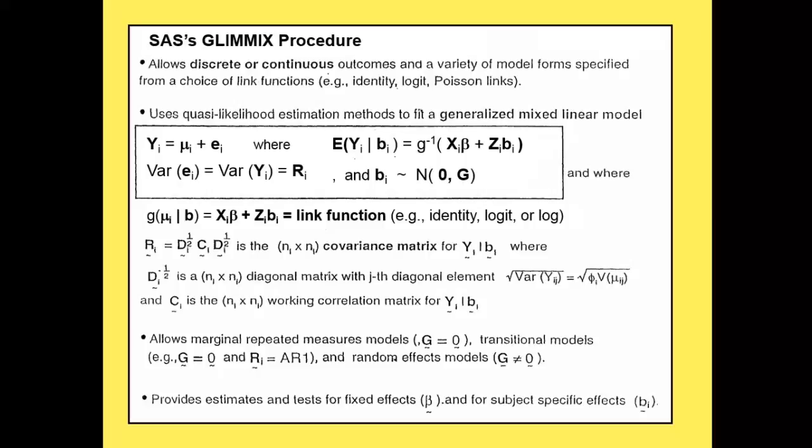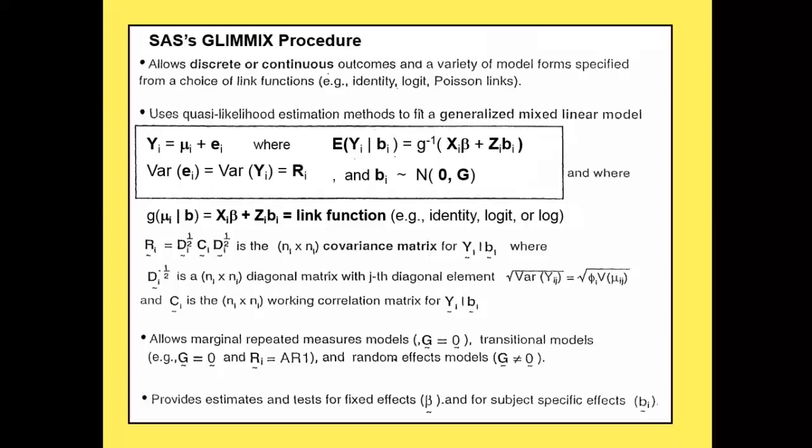In the two random statements, when you want to use an R matrix, you have to type random residual. The key word is residual. When you write random residual, that's telling GLIMMIX that you're dealing with an R matrix. Okay, you got that? So random residual.